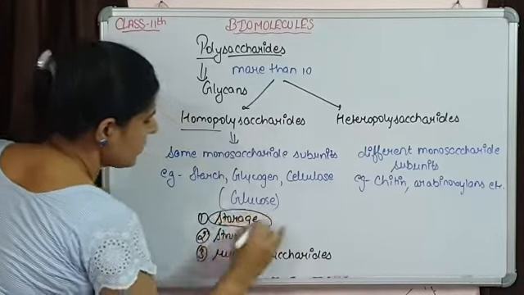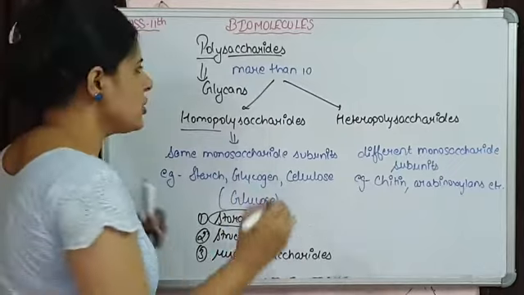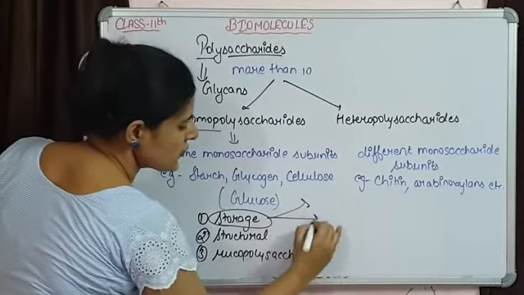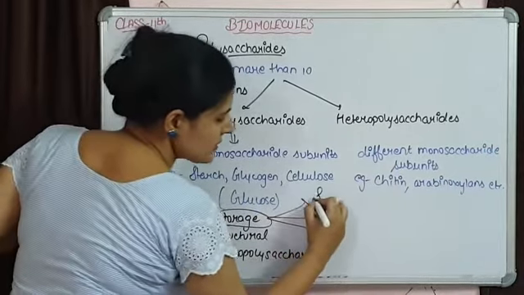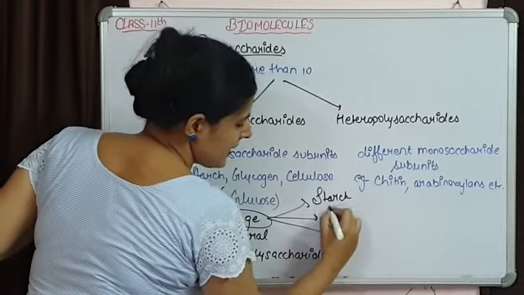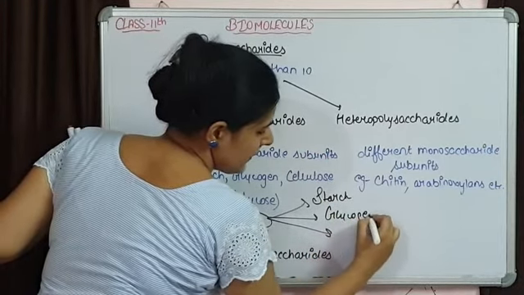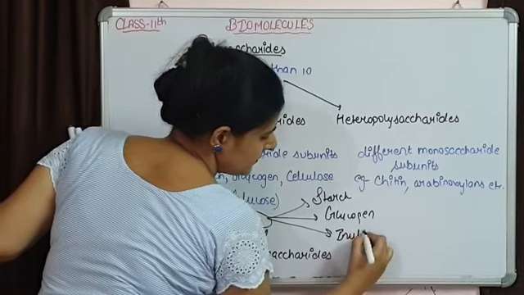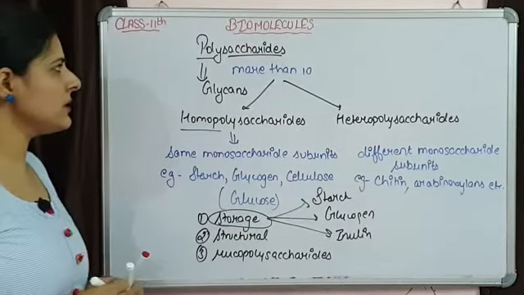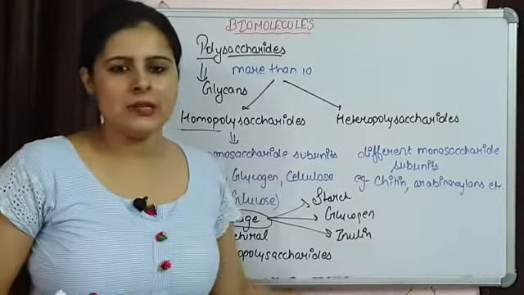So today we are going to discuss storage polysaccharides, and in storage polysaccharides we need to discuss starch, glycogen and inulin. These are the three storage polysaccharides.